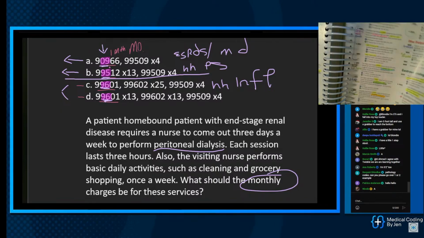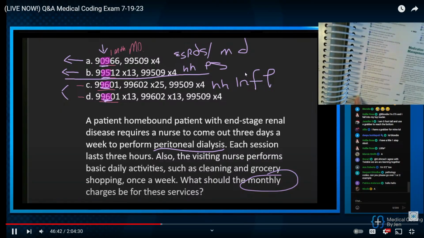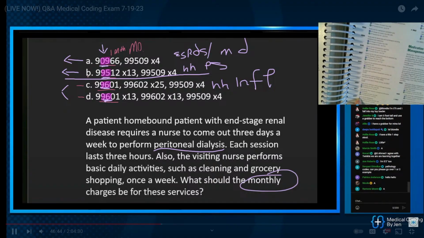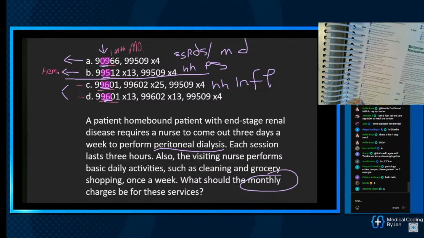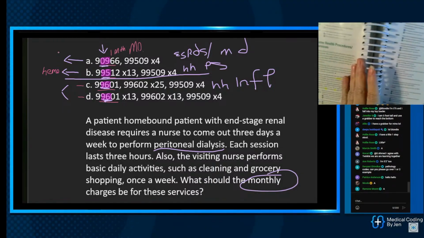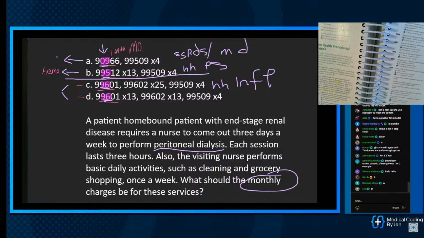The 99512, if you look at that one, it's for hemodialysis, and it says for patients' home health. It is used for non-MD, for non-physician, so it is for personnel.